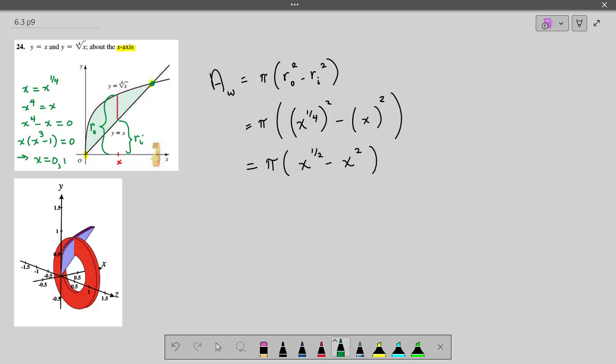So that tells us that this ordered pair up here is 1, 1. And if we were to take that x value of 1 and plug it in here, we do get 0 for the area of the corresponding washer.